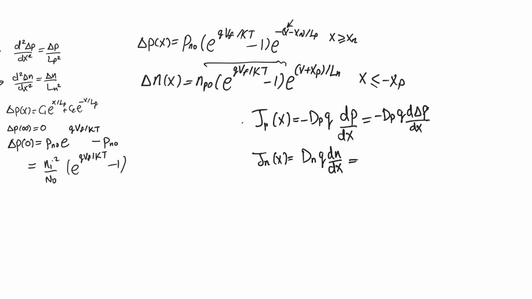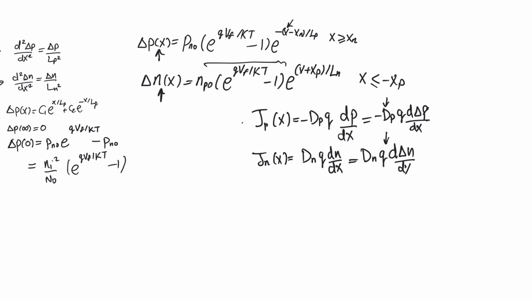Pn naught is not a function of distance. Similarly, on the p side, we have Dn q d delta n by dx. So now we can take the expressions of delta n of x and delta p of x and plug them into these two equations to find expressions for Jp of x and Jn of x.